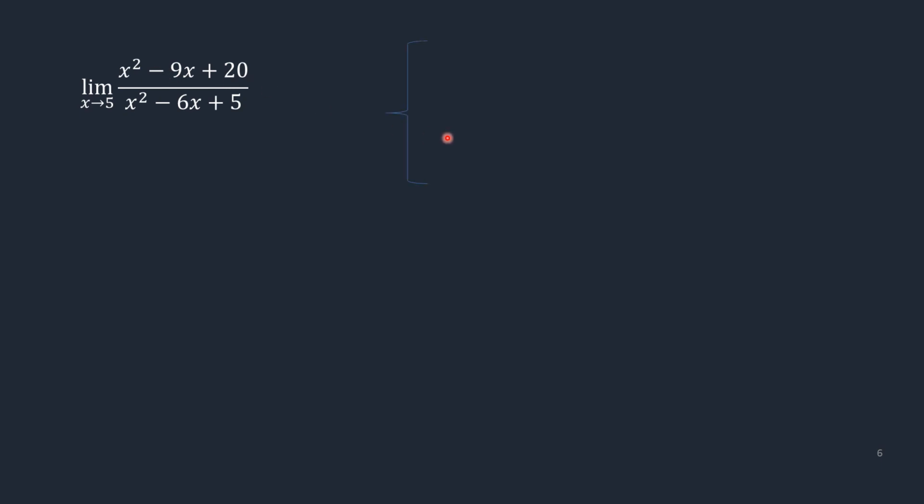So we have 20 equals minus 5 into minus 4, and the sum of minus 5 minus 4 is minus 9. When the coefficient of x square is 1, with the help of these two factors, we can directly write the factors of this polynomial as x minus 5 multiplied by x minus 4.